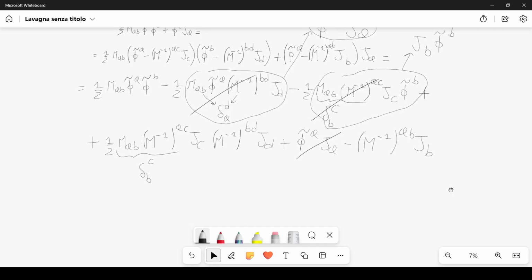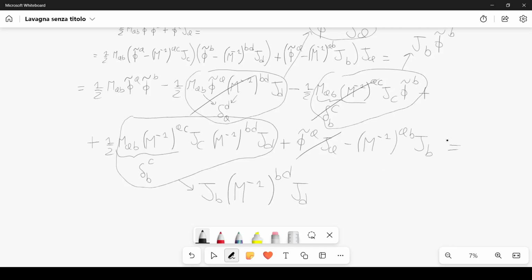And then what else do we have? We have to consider this, and let me rewrite it. So this, how can we rewrite this? We have delta CB, which multiplies J_C, so it will become J_B. Then we have M inverse_BD J_D, and then we get another quantity here.